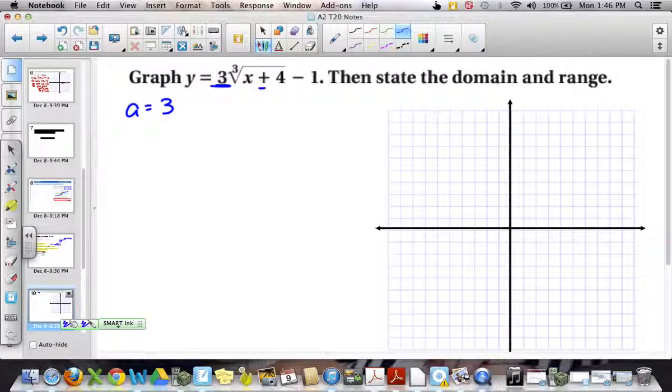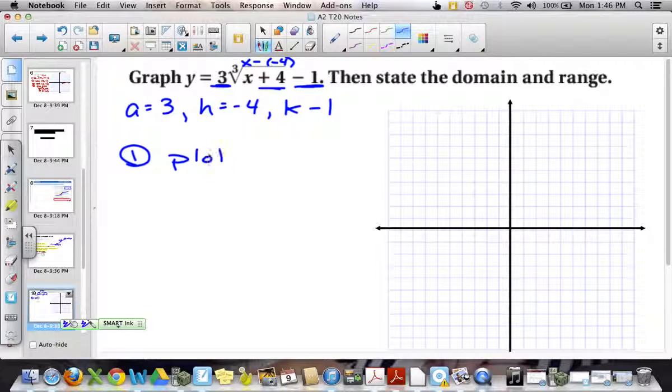H, again, is the number subtracted from x. So this is going to be x minus negative 4. That's the only way that we can get a positive number in there. So h is negative 4, and k is here. It's negative 1. So step 1 then is to plot (h, k), which is (negative 4, negative 1).